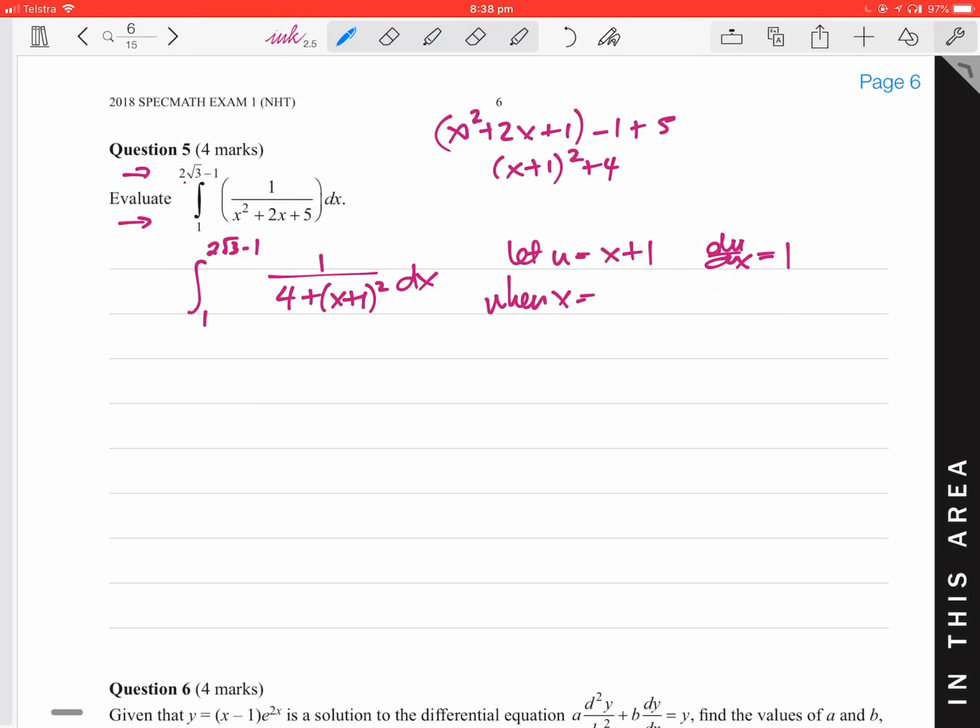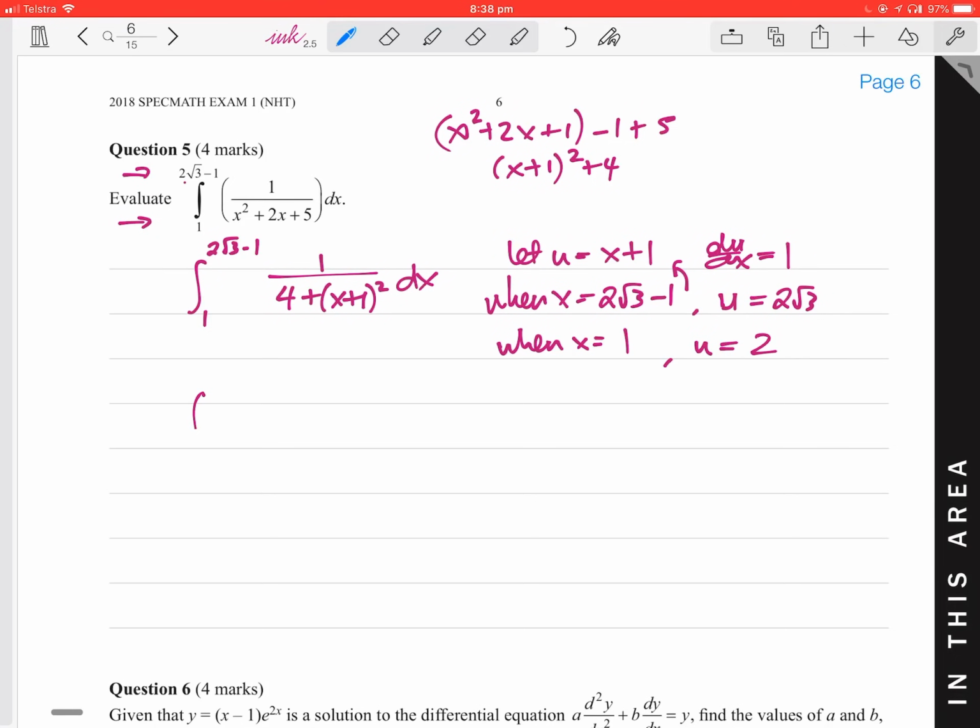When x equals 2 root 3 minus 1, plus 1, I get u equals 2 root 3. When x equals 1, u equals 1 plus 1, which is 2.